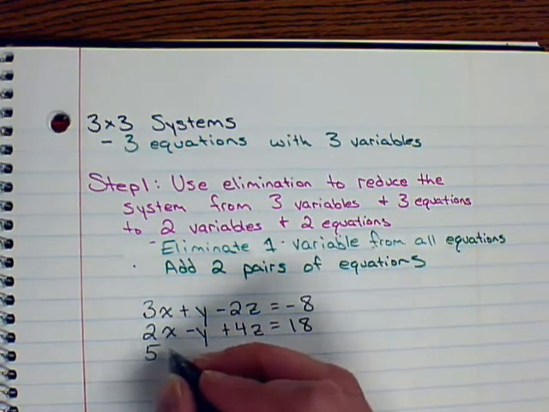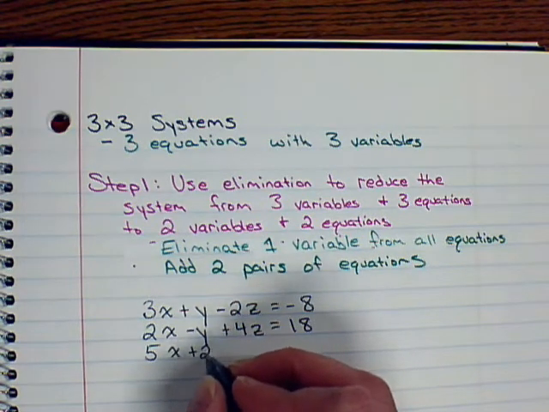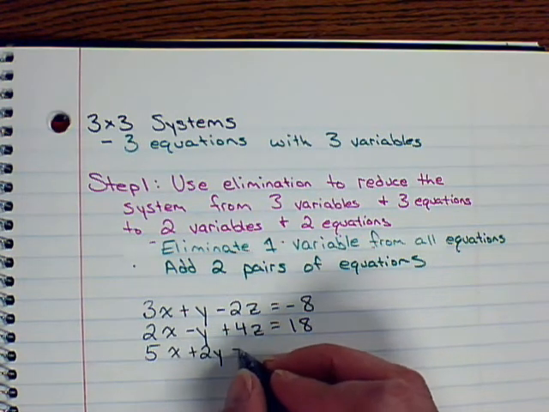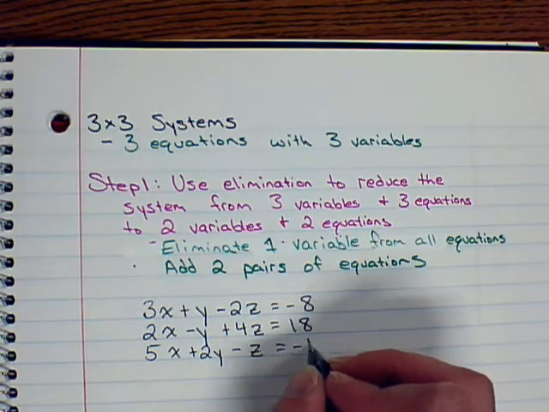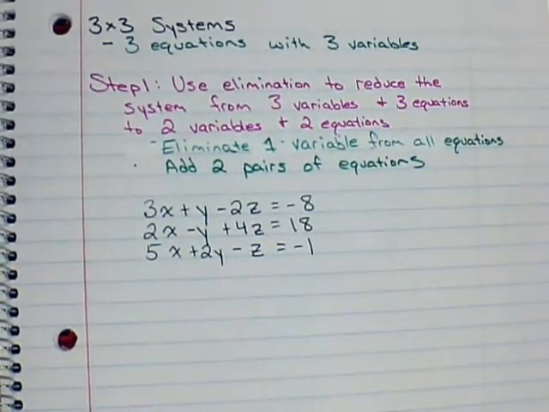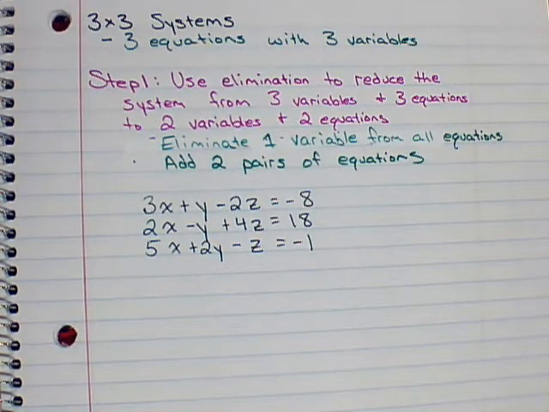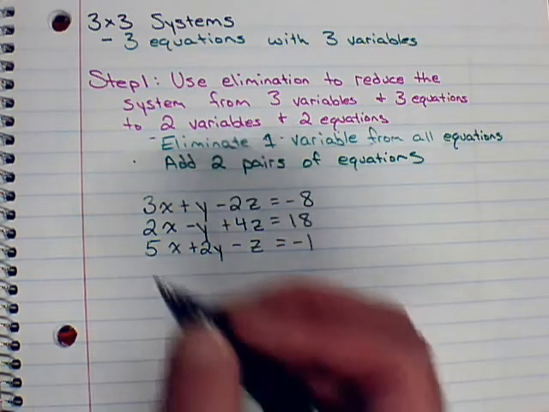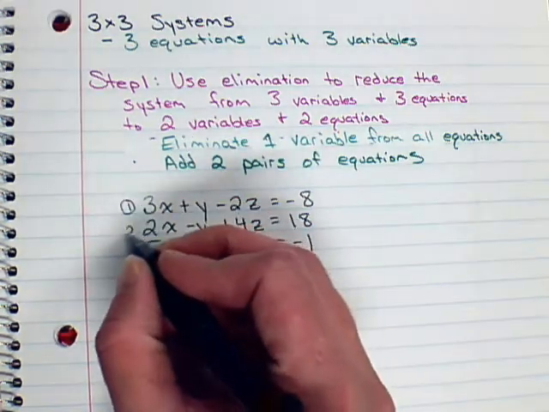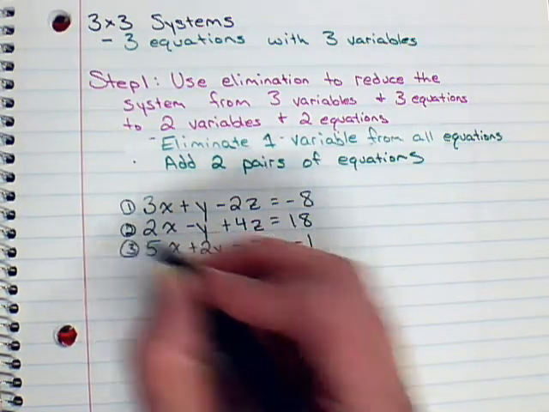And then we have 5x plus 2y minus z equals negative 1. So in step 1, I need to figure out 1 variable that we want to get rid of, and we're going to eliminate it from everybody. But we do it in a two-step process. So we look at equations 1, 2, and 3.